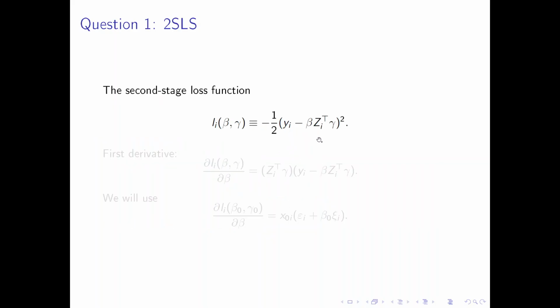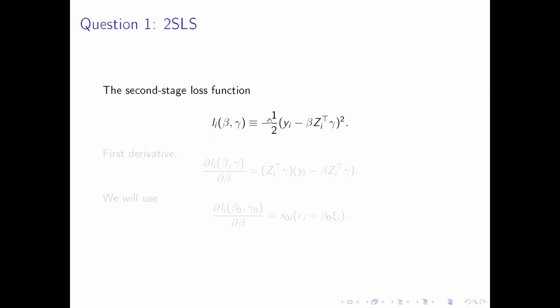So now we are going to the second stage. Second stage loss function will be written this way. So I put minus here just to make sure the first derivative does not have a minus sign. So now then, the loss function is the residual squared. Basically, it's residual squared. And I put negative, so it's a maximization problem now. But not a big problem.